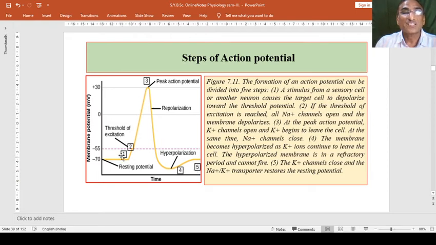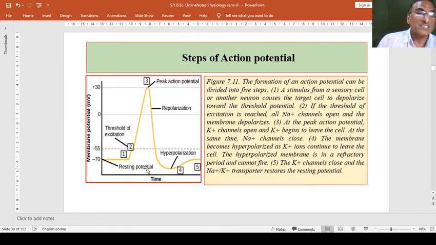This is the very beginning point, this is the initiation point, this is the depolarization point, this is the repolarization point. In between that, this is the resting point, the resetting point. This drop below the normal level is nothing but the hyperpolarization, and in the final stage it again becomes ready for the further action potential.